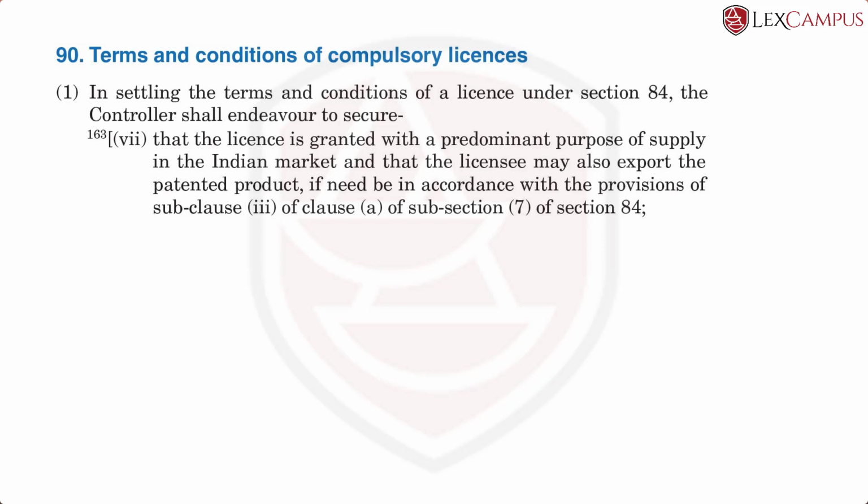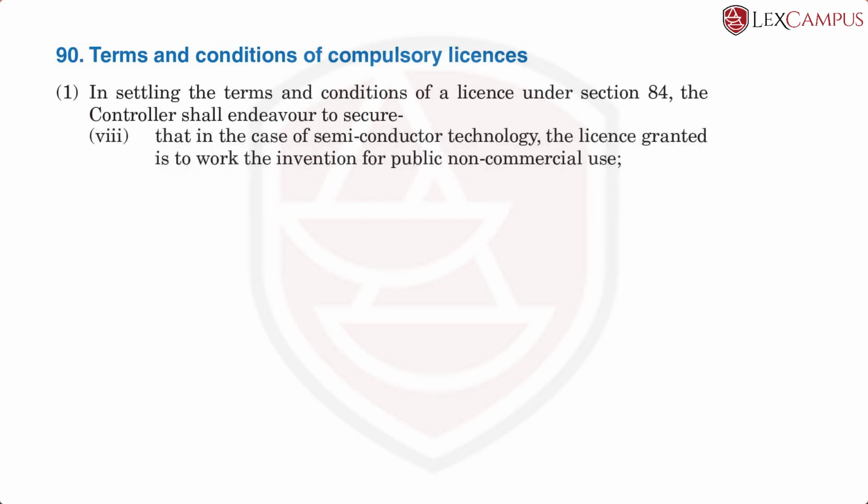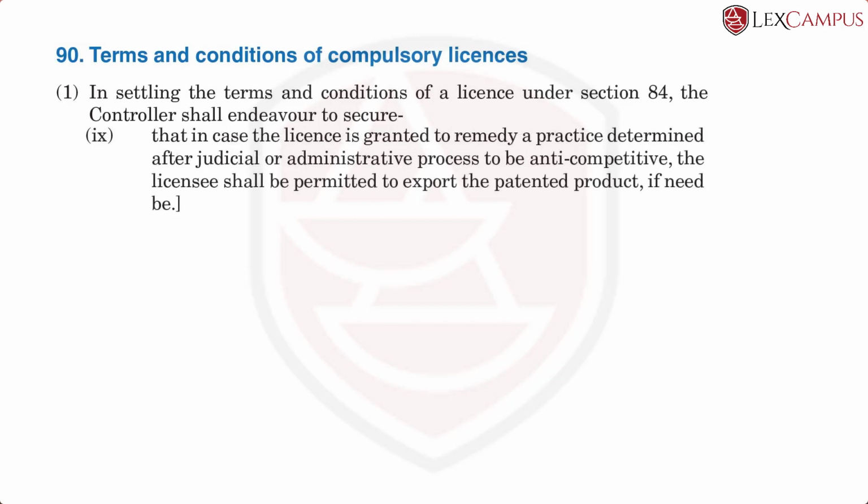8. In the case of a semiconductor technology, the license granted is to work the invention for public non-commercial use. 9. That in the case a license is granted to remedy a practice determined after judicial or administrative process to be anti-competitive, the licensee shall be permitted to export the product if need be.